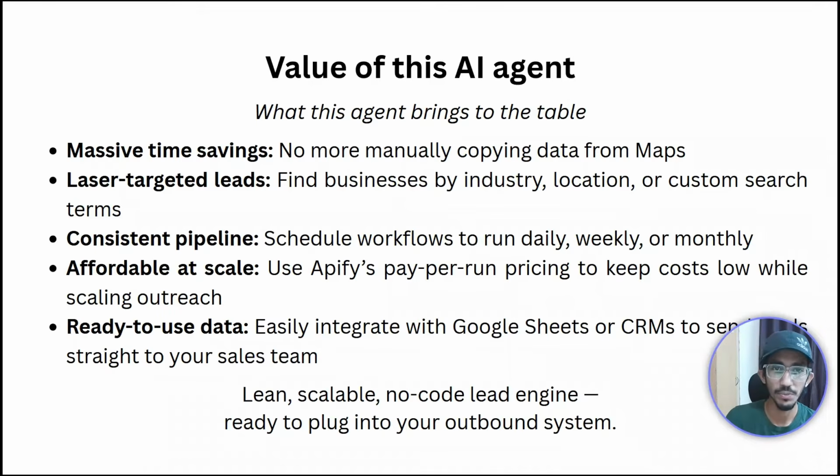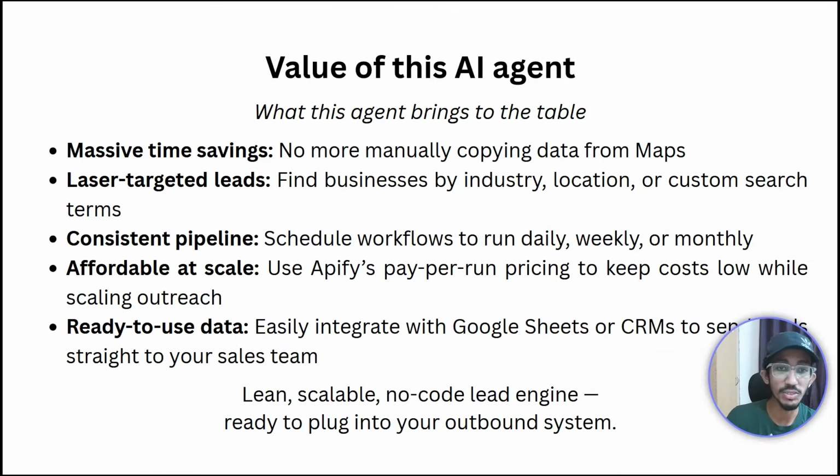Affordable at scale. Apify uses a pay-per-run or pay-per-result pricing model, which can be very cost-effective, especially when you consider the time saved. You can scale your outreach without massively scaling your costs. The Google Places crawler by Compass we looked at is around $4 per 1,000 places scraped, which is a pretty amazing value.